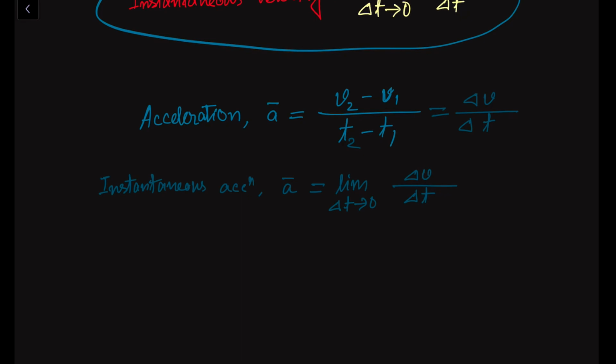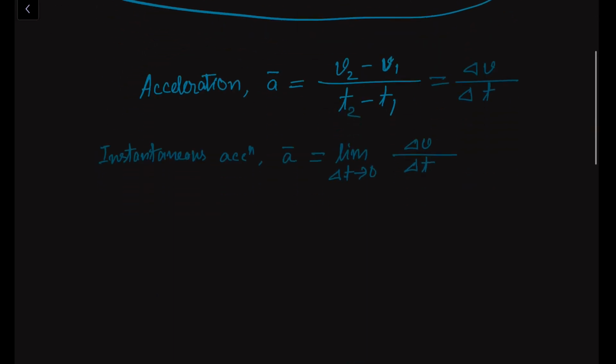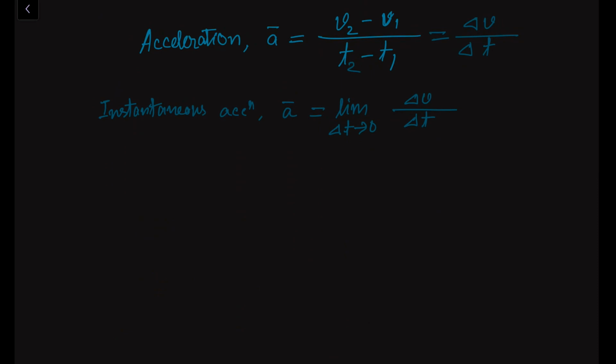Here delta t tends to 0, that means we are considering an infinitesimally small time interval. I hope you are getting this point. So this was the instantaneous acceleration. In case of acceleration, we are considering the change in velocity with respect to the change in time, or in case of instantaneous acceleration, this delta t tends to 0. In this way we can find the acceleration.